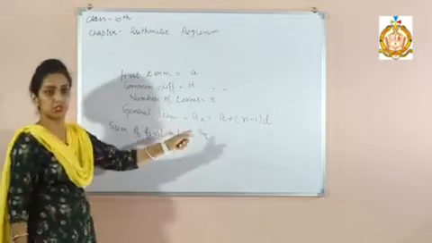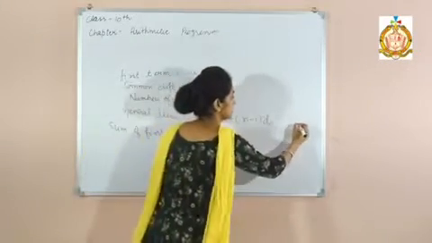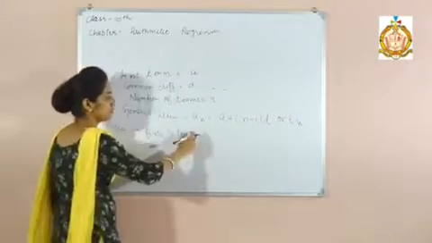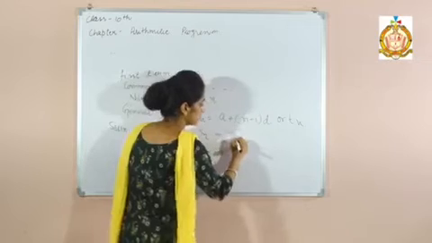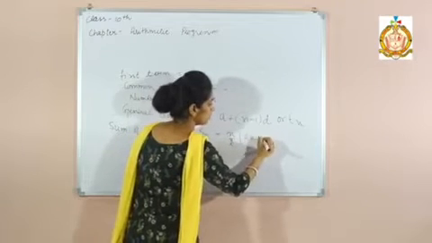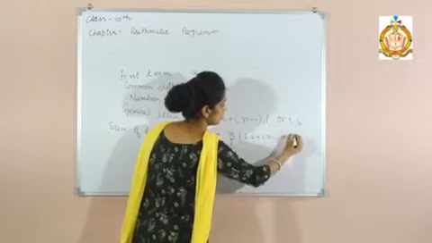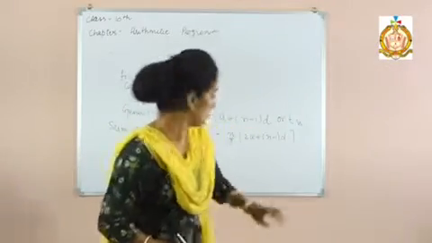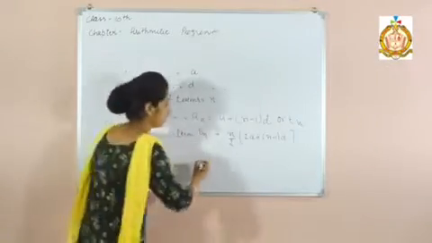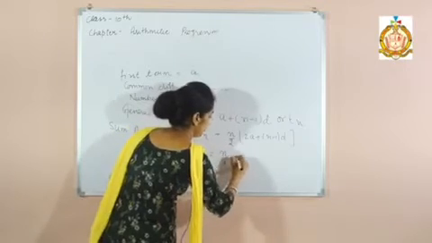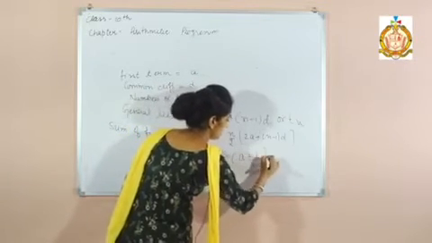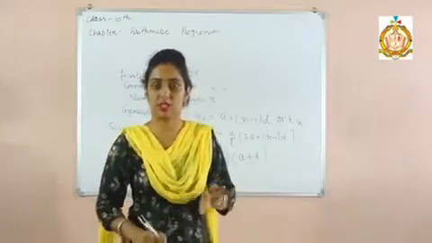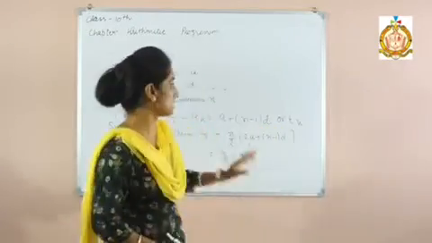You can denote the general term a_n or t_n. Now the sum of first n terms is n by 2 into (2a plus (n minus 1) into d), or you can write it as n by 2 into (a plus l). a is the first term, l is the last term.